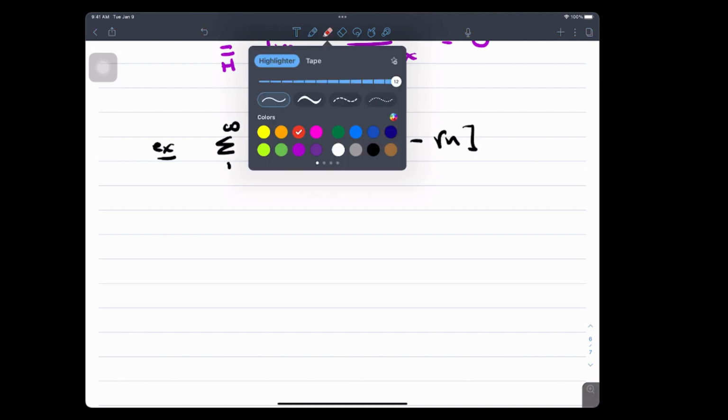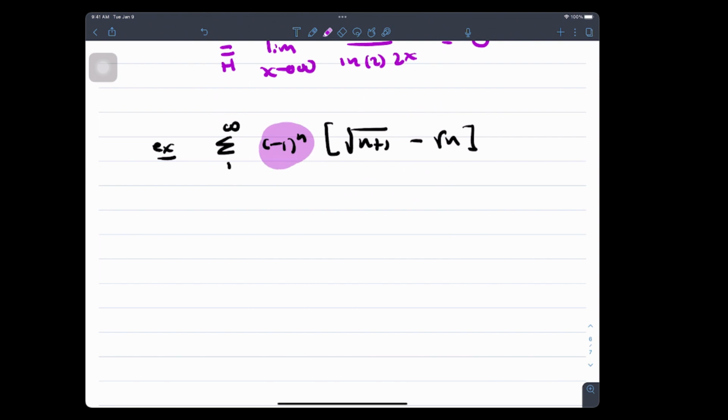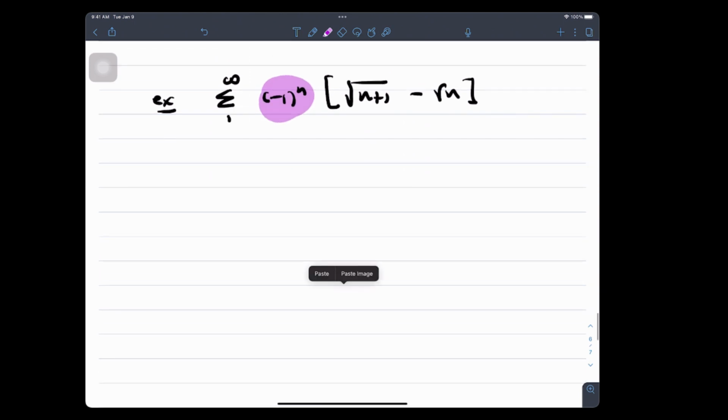Okay, so here's another alternating mechanism. So you're going to say, well, what's going on with this particular difference, right?